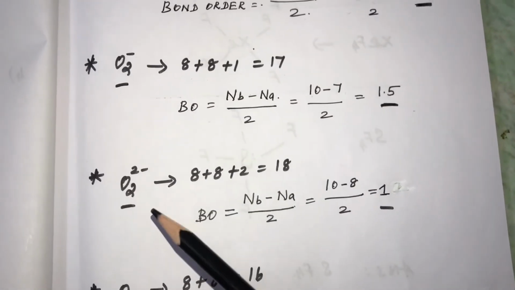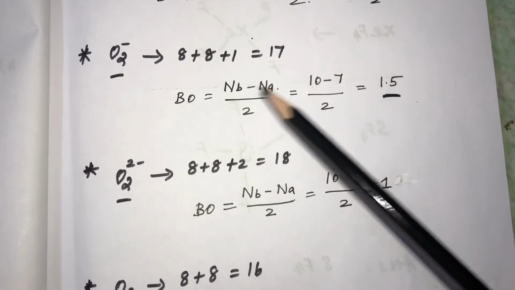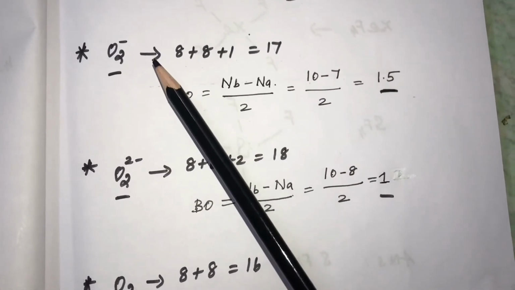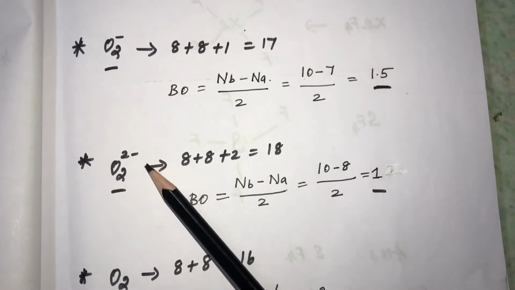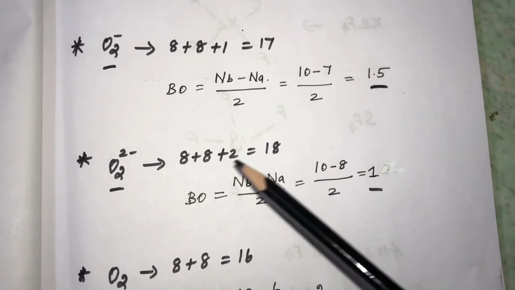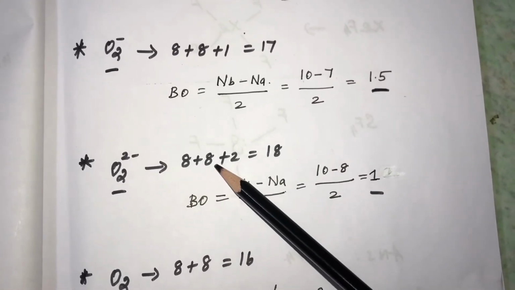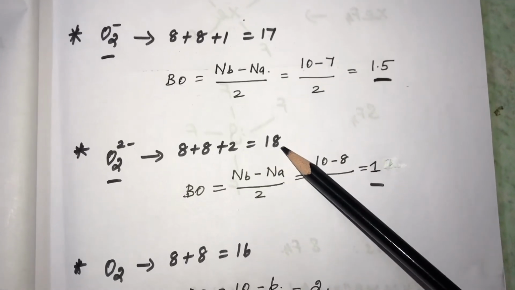Next one is O2 2 minus. O2 minus means 17 electrons. Here the minus means 1 extra electron. O2 2 minus means 2 extra electrons, 8 plus 8 plus 2. For each oxygen 8, and the 2 minus is 2 extra electrons, thereby it is 18.